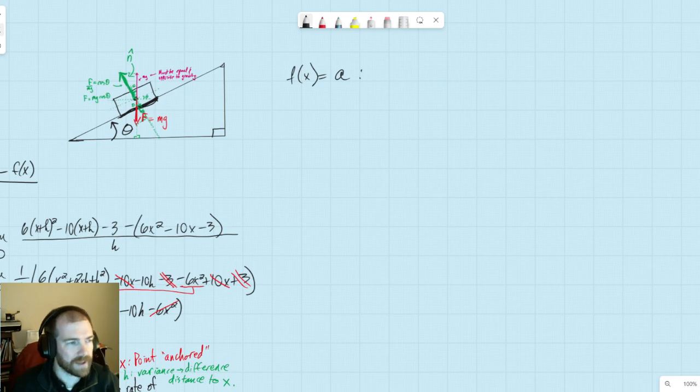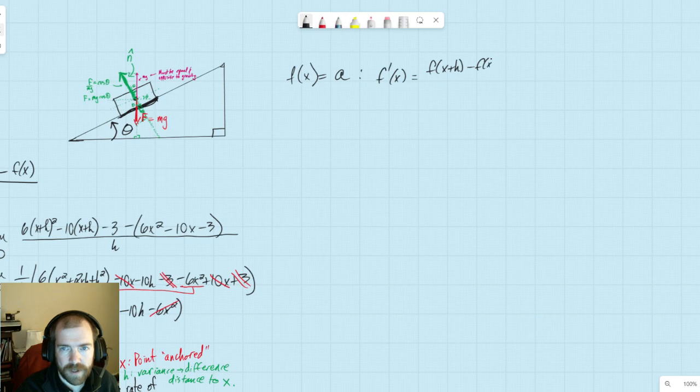So from the beginning, if you are able to prove what a particular function's derivative is, our f prime at x is going to be equal to the limit as h goes to 0 of f of x plus h minus f of x, all over h.